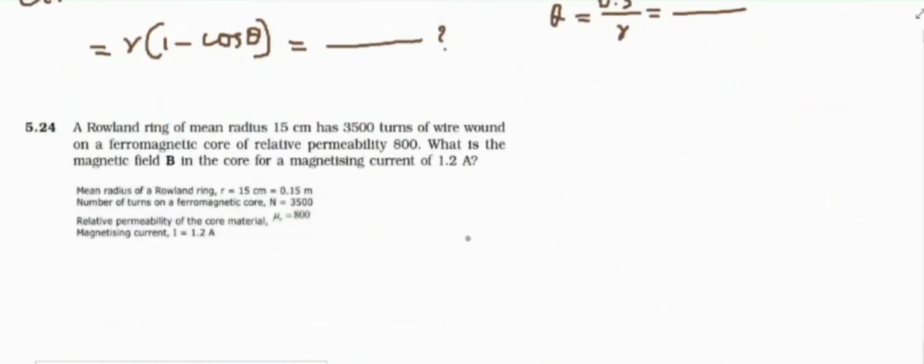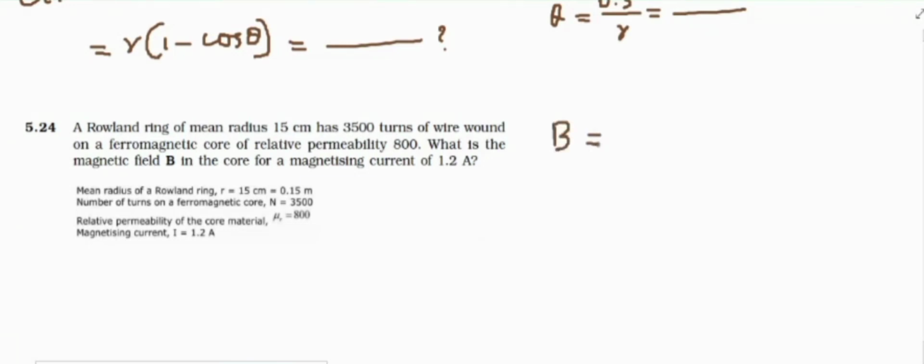Then next, question 24, a Rowland ring, or Rowland ring means you can take it as a toroid. A Rowland ring of mean radius 15 centimeter has 3,500 turns of wire wound on a ferromagnetic core of relative permeability 800. What is the magnetic field B in the core for the magnetizing current of 1.2 ampere? Okay, so we have the formula.